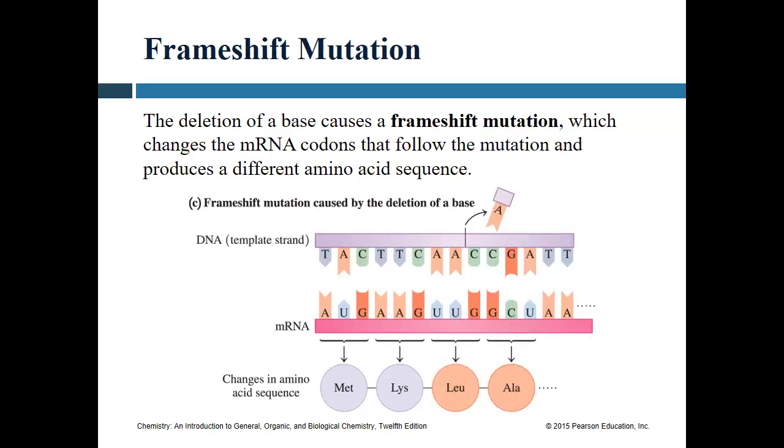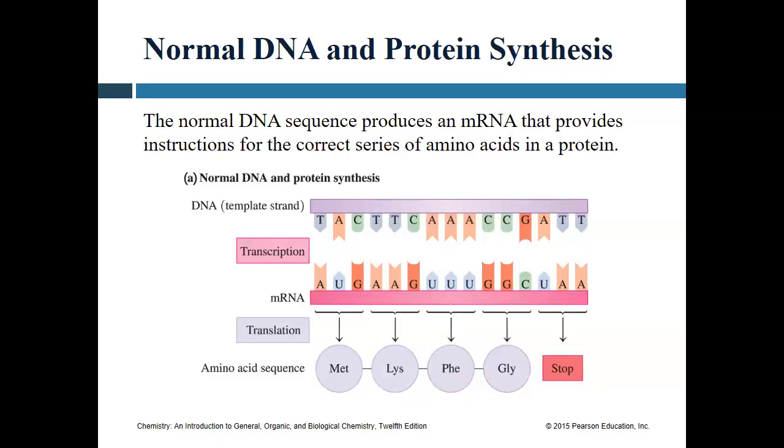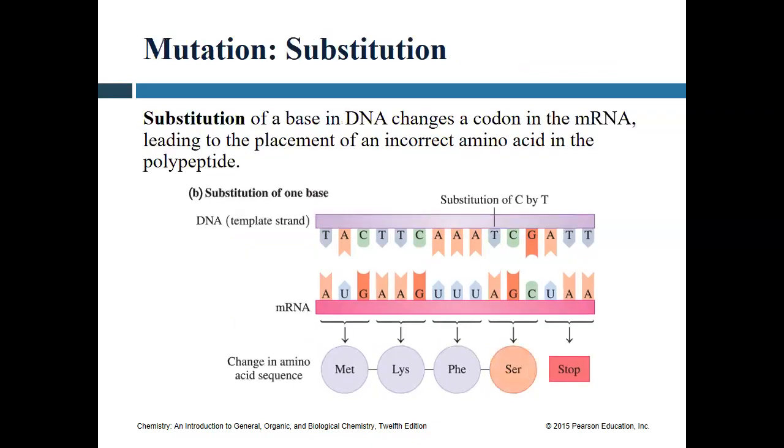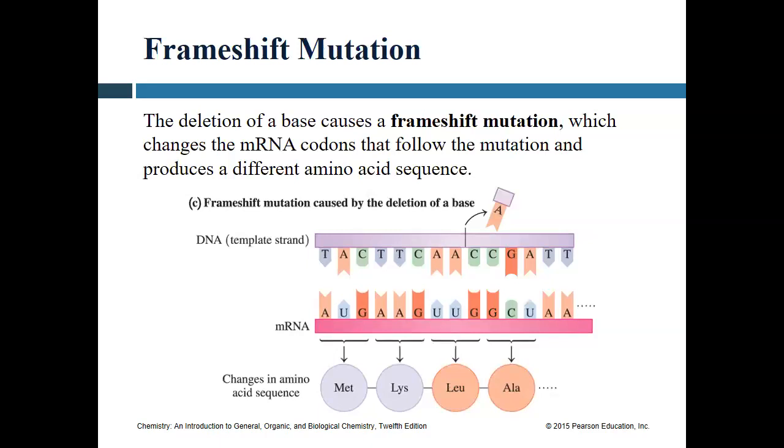In a frame shift mutation, again, we're looking at the same sequence. The sequence here gave us 4 amino acids and the stop codon. So the stop codon said, okay, stop the synthesis right here, we're done. In this frame shift mutation we lost a base along the way.